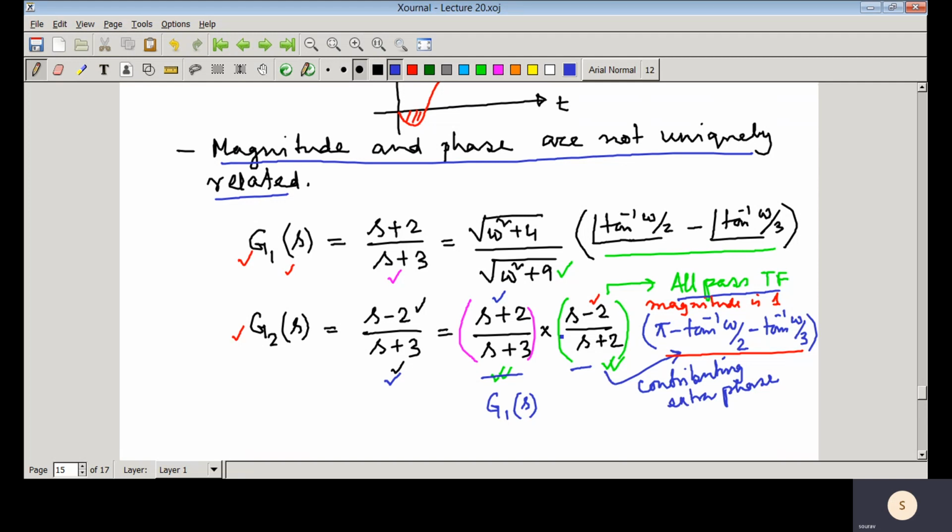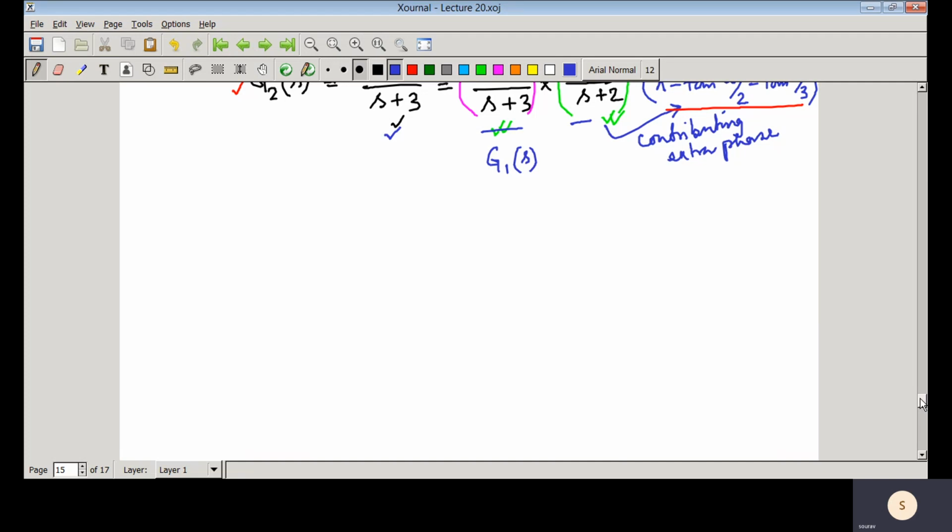In a minimum phase system you would have that unique relationship between gain and phase, but in non-minimum phase systems they are not uniquely related.